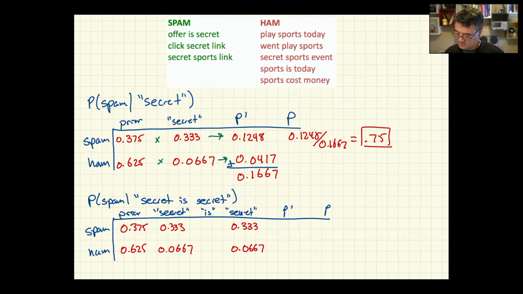And then for is, right here. Let's see, is given spam. It appears once, so that's 1 out of 9, which is 0.111. And then is given ham. Well, it appears once, so it's 1 out of 15, so that is also 0.0667.